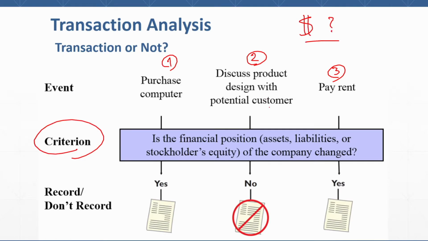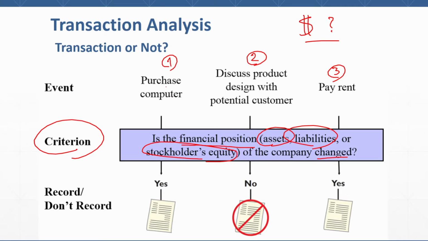If yes, it means that the financial position is affected. What is financial position? Either our assets, our liabilities, or our stockholders' equity. So a financial transaction changes our financial position: assets, liabilities, or equity.